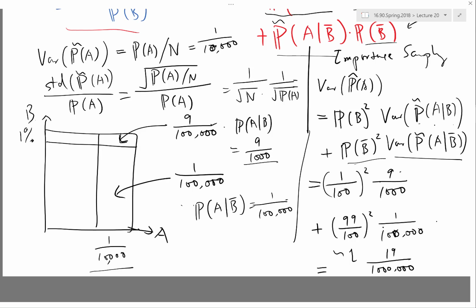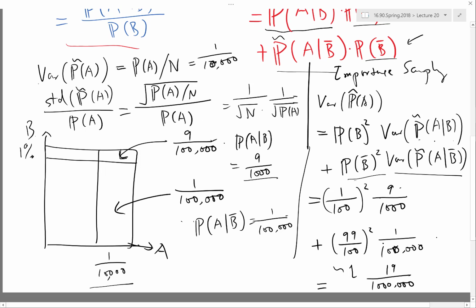Yes. How did you go from P of A given B to the variance of P of A given B? Oh, this is because if you estimate a certain probability, the variance of that estimate with one sample is actually the probability itself, if the probability is small.